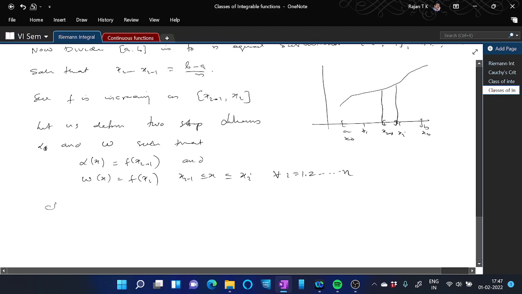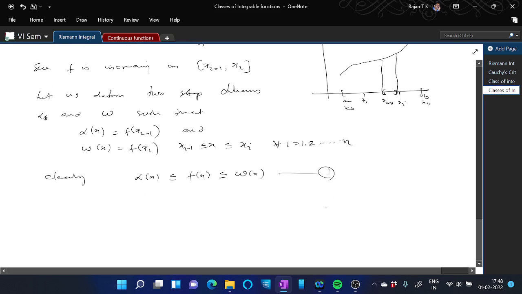Clearly, alpha of x is less than or equal to f of x is less than or equal to omega of x. And we have to verify the second condition of this alpha and omega, that is, the integral from a to b of omega minus alpha.